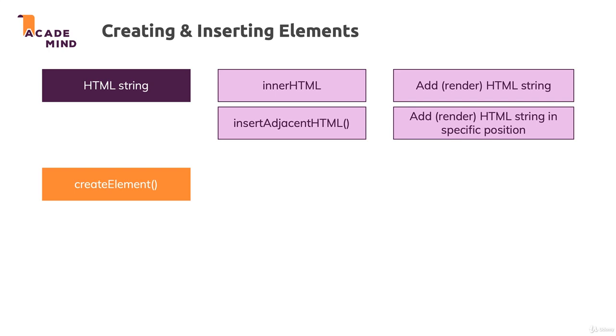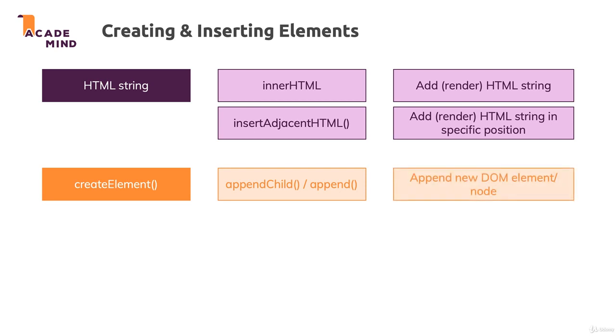Such created elements or element nodes can be added with appendChild or append, and I'll come back to the difference throughout the next lectures. So this appends such a new DOM element or node inside of another, the new parent element or node then. You also have prepend, before, after, insertBefore, and so on to be more specific about where you want to add it. Instead of adding it at the end of the existing child node list, you can add it in front of it and so on.